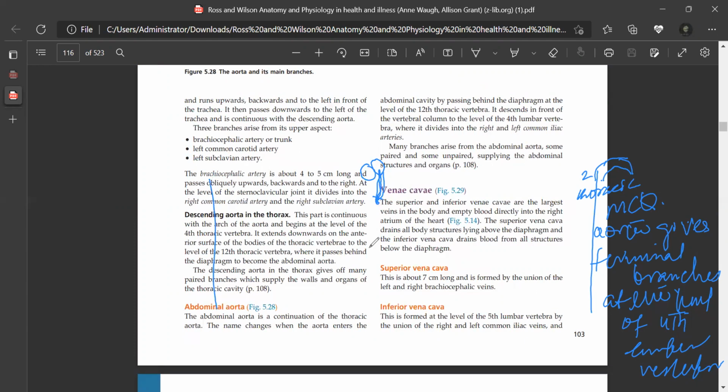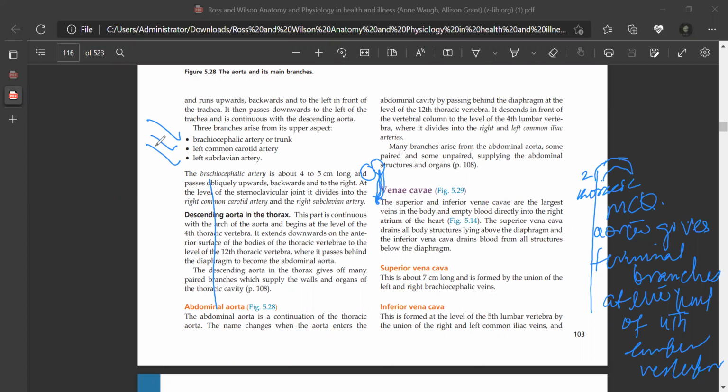The branches of the arch of aorta are three: the brachiocephalic trunk on the right side, the left common carotid, and the left subclavian artery. The brachiocephalic artery is about 4 to 5 centimeters long and passes obliquely upward, backward and to the right.